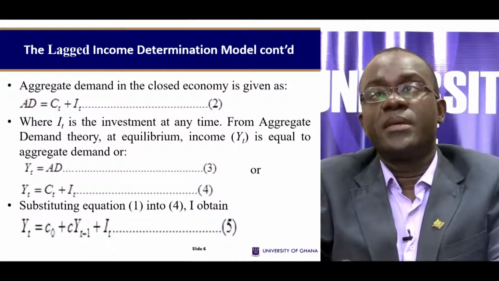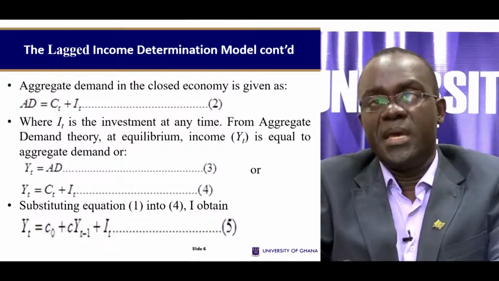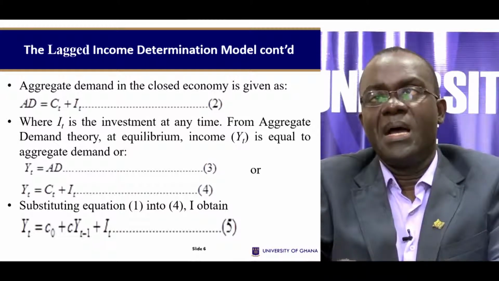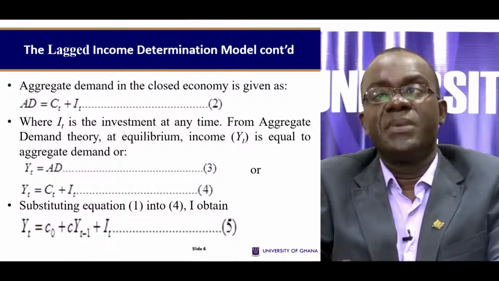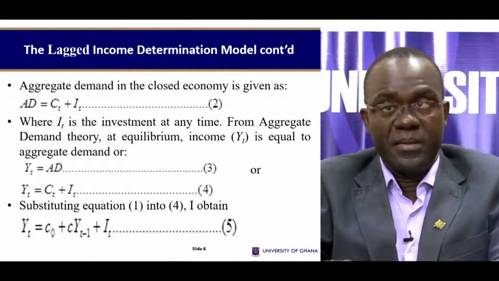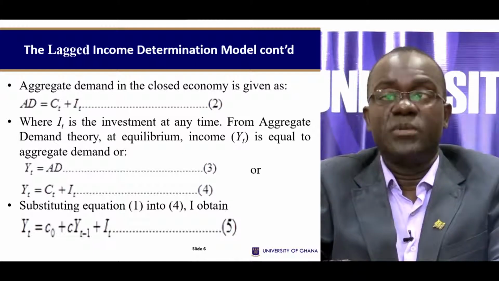And we know that aggregate demand is always equal to our output. Therefore, we have our output being equal to consumption plus investment. But we know that the consumption equation can be put in the form C0 plus C Y(t-1), so we can comfortably do that.